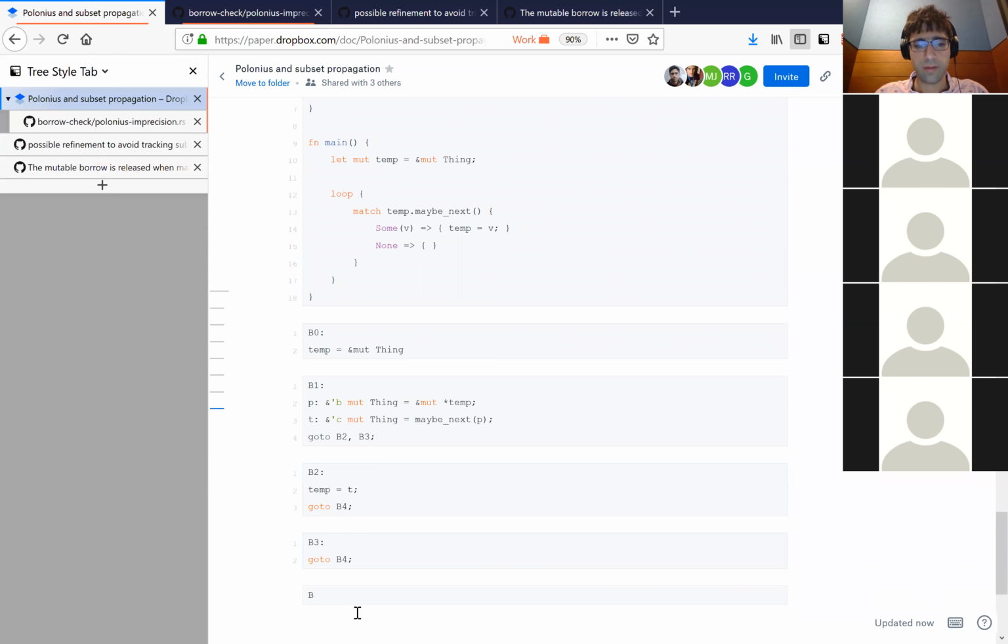It's more as if next returned the same thing it was given and you randomly picked to assign or not assign. But right, you start out with this variable temp, and then in the head of the loop, B1, you borrow from temp, call maybe next with that borrow, and then take the result and sometimes assign it to temp and sometimes don't, and come back.